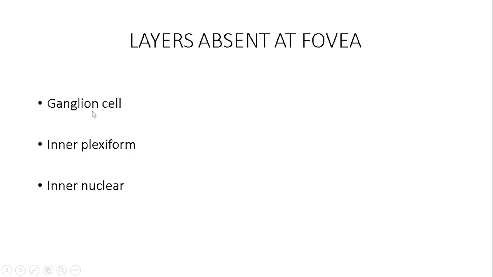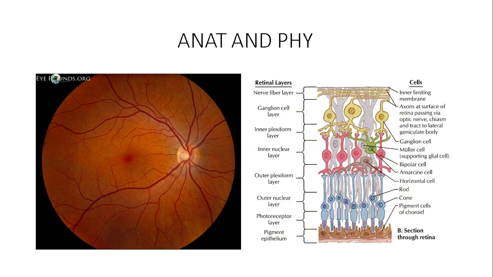The ganglion cell layer is absent, the inner plexiform layer is absent, and the inner nuclear layer is also absent, and that explains why there's a depression at the center of the retina, which is the fovea.